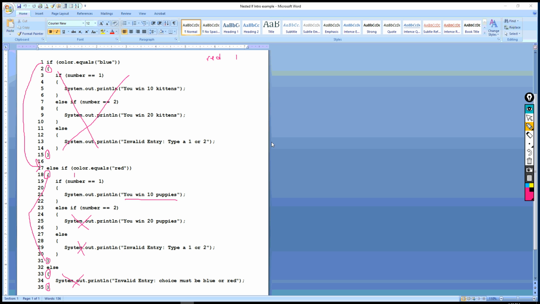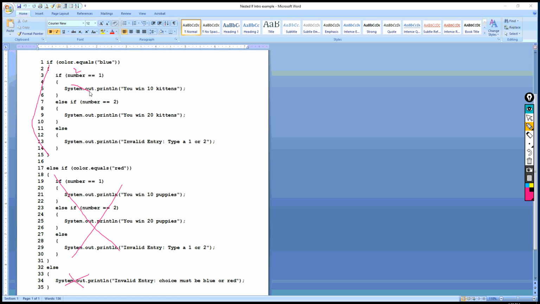Okay, so let's take a look at 2. 2 is blue and 2. So now, does blue equal blue? Well, yes it does. And so now it's going to go in here and do the if clause. That means the else if clause is going to be ignored and the else clause is going to be ignored. So does 2 equal 1?